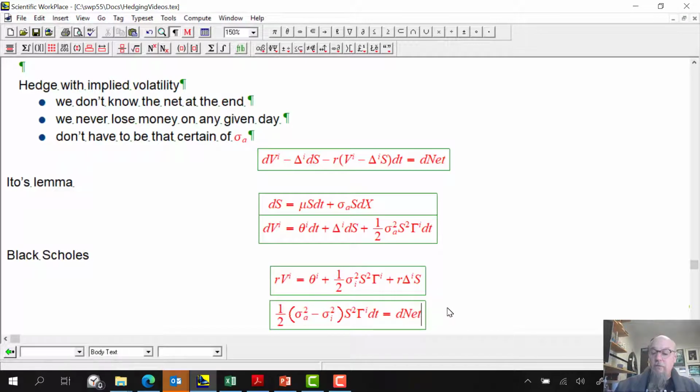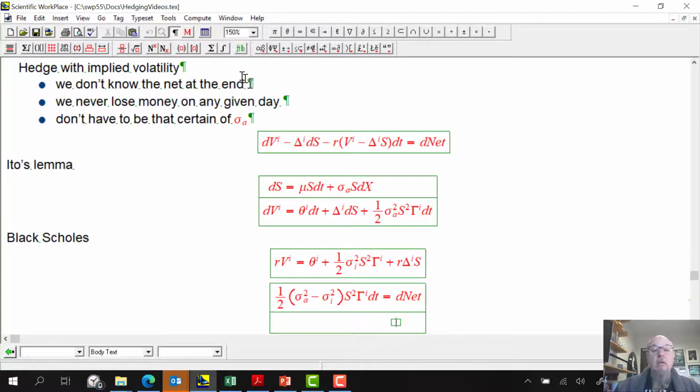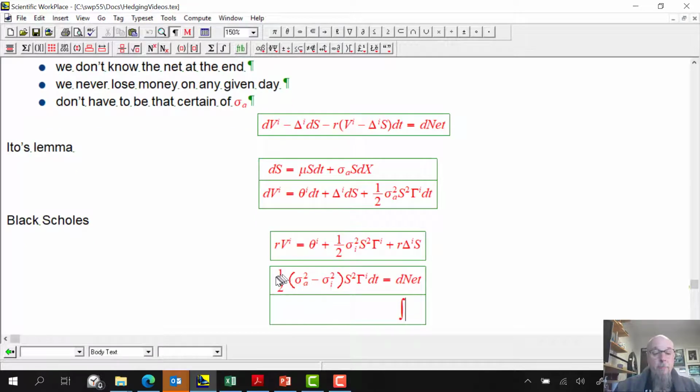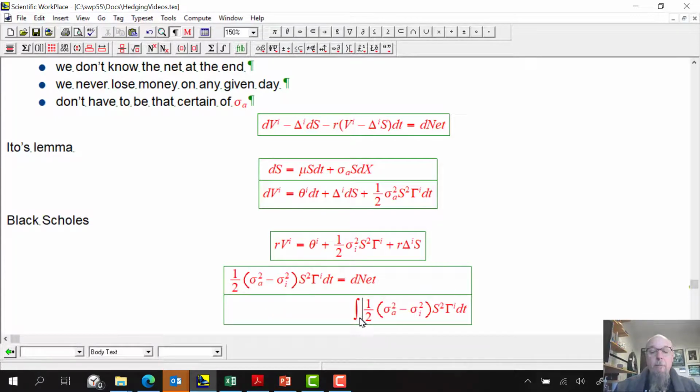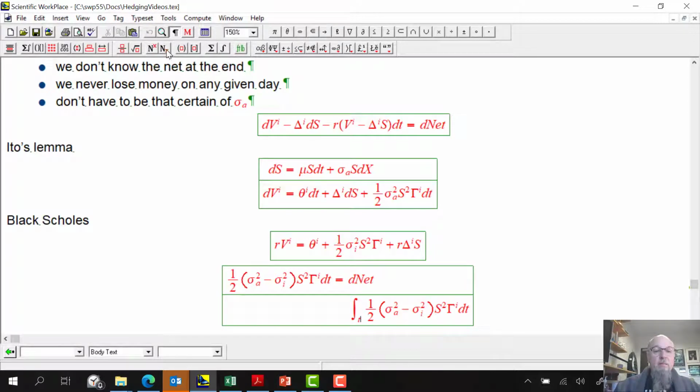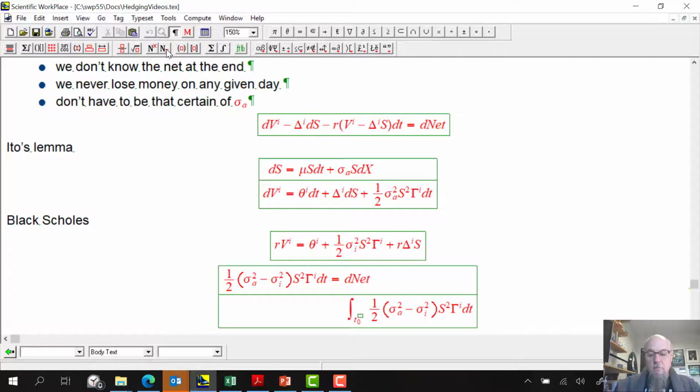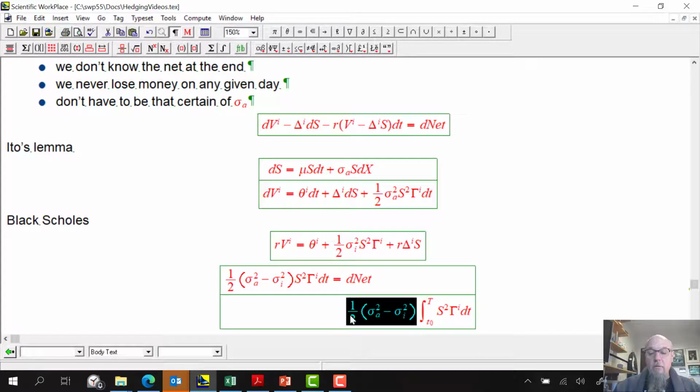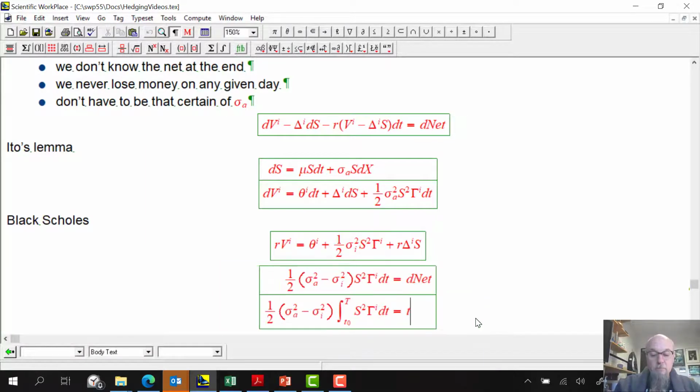For the total, I need to sum all these little changes from t naught, when I first set up the hedge, to expiry. Now we can take out some constants. This will be the total net.